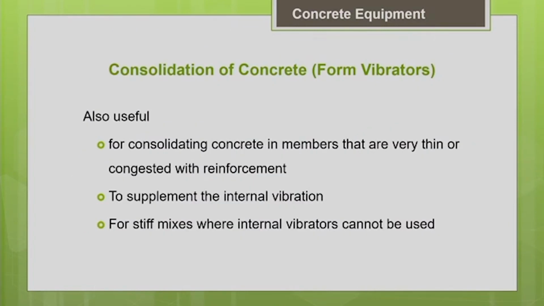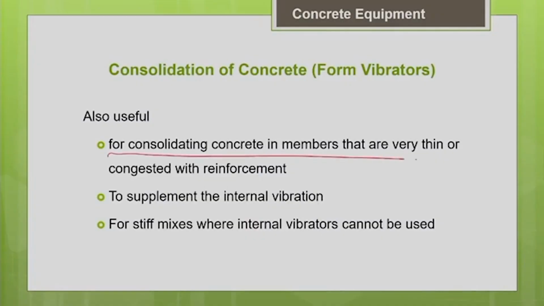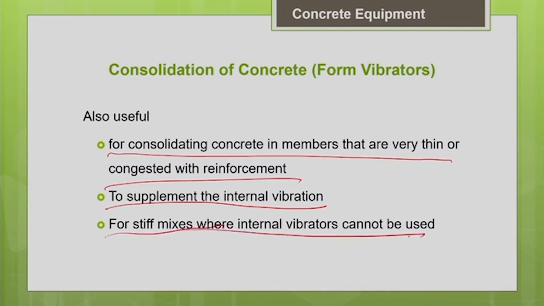So, where do we use these form vibrators? Basically for thin sections, as I told you, where internal vibration is not possible. For consolidating concrete in members that are very thin or congested with reinforcement where internal vibration is not possible, we go for form vibrators. Also in some cases, to supplement the internal vibration, we can do external vibration as well, and for stiff mixes where internal vibrators cannot be used.